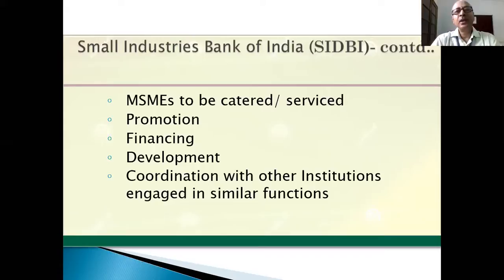As far as MSMEs are concerned, there are institutions like the Khadi and Village Industries Commission, KVIC, and the Department of Industry. They all play some kind of developmental and promotional role, but there is a need for convergence, and that coordination is a very important part. All these development finance institutions, DFIs, play that role.